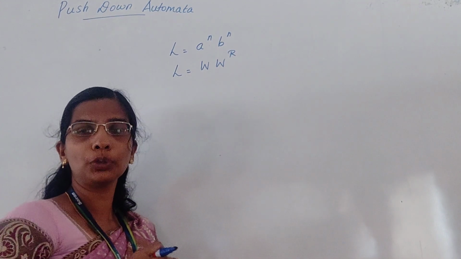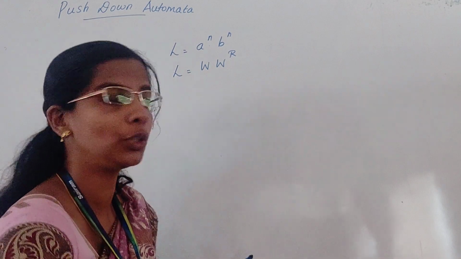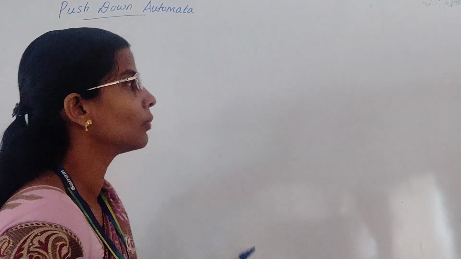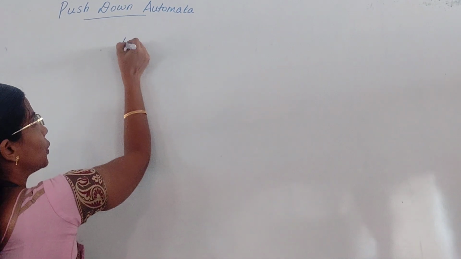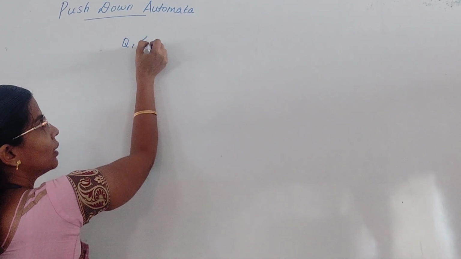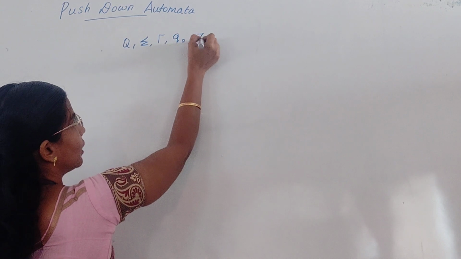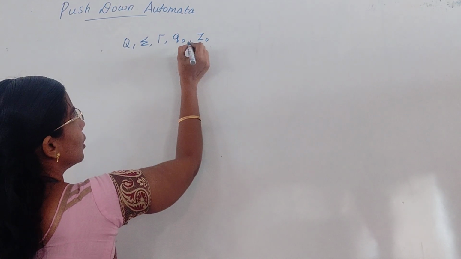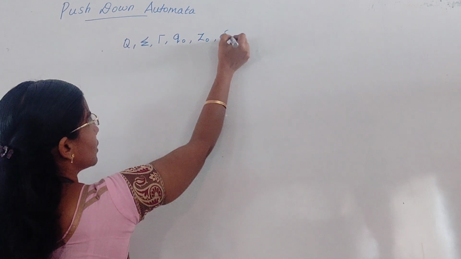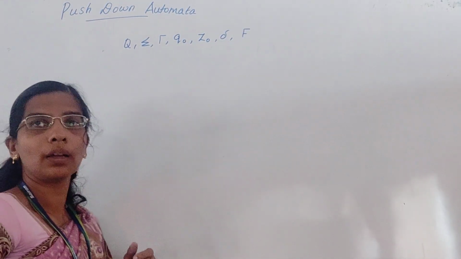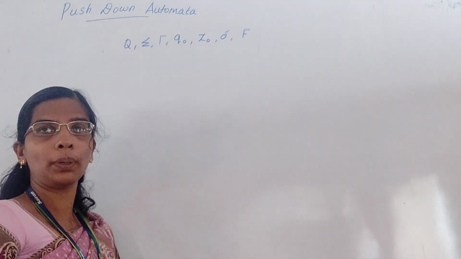Push down automata is a 7-tuple machine: Q, sigma, gamma, delta, Q naught, Z naught, and F, the transition and final state.